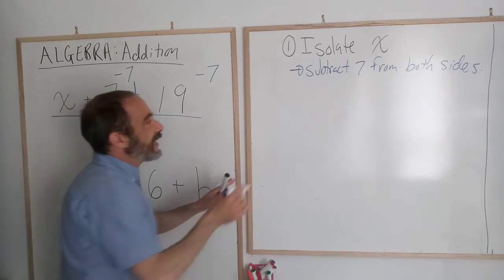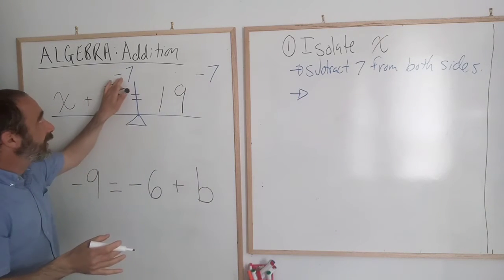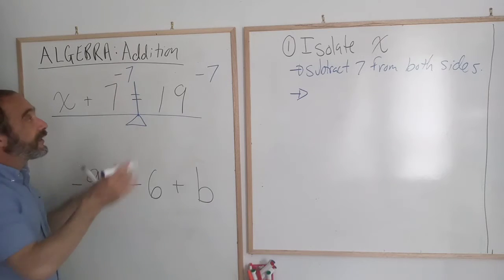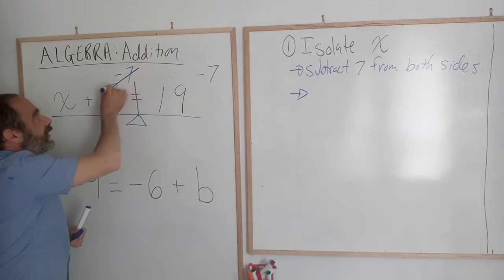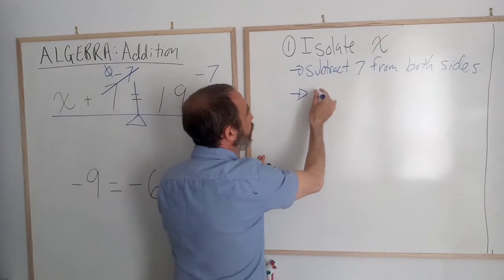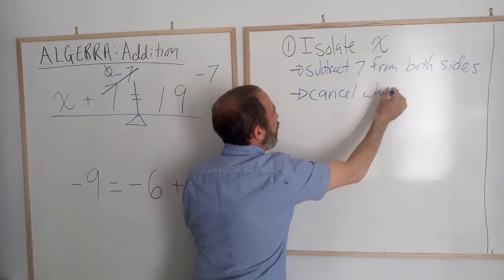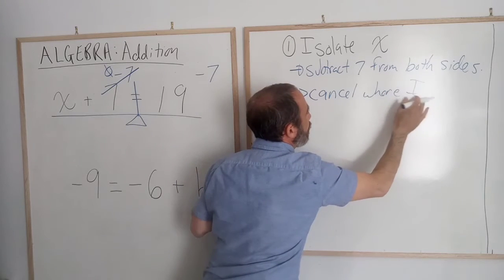So what I usually say here is that I know that 7 minus 7 is 0, and I call that canceling. So I say I want to cancel where I can.